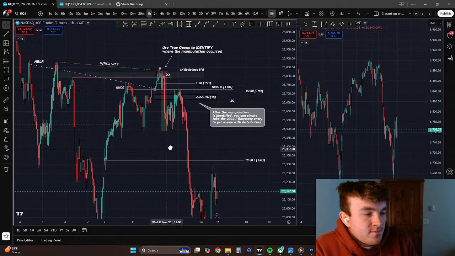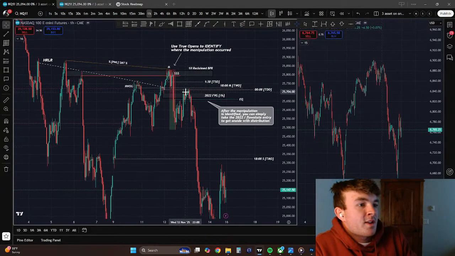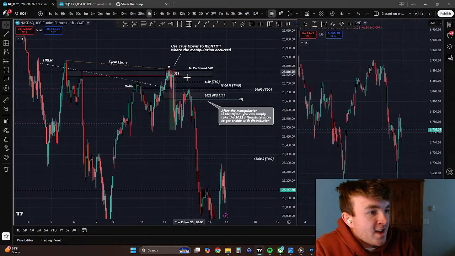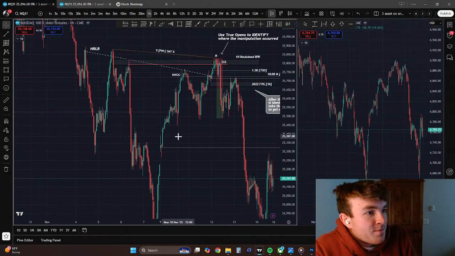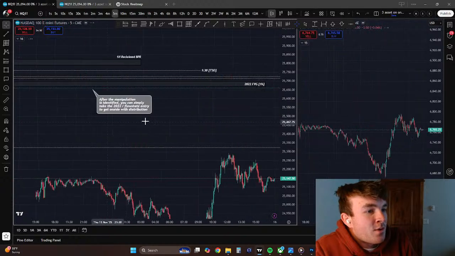And then you could go even lower time frame and find a 5-minute change and stay out of this 1 hour gap. Like if I did that, imagine if you did this, you would identify the whole entire model.